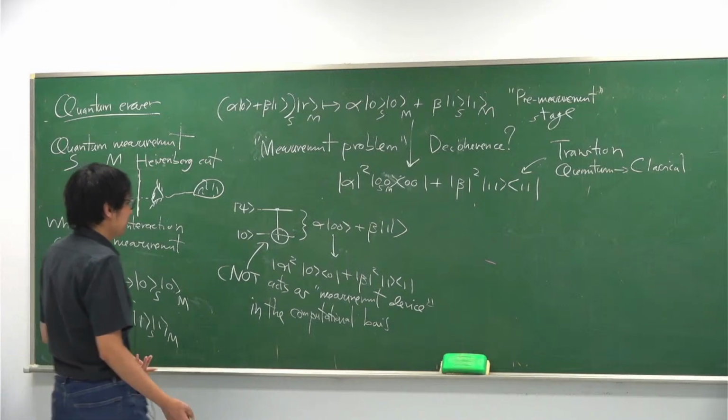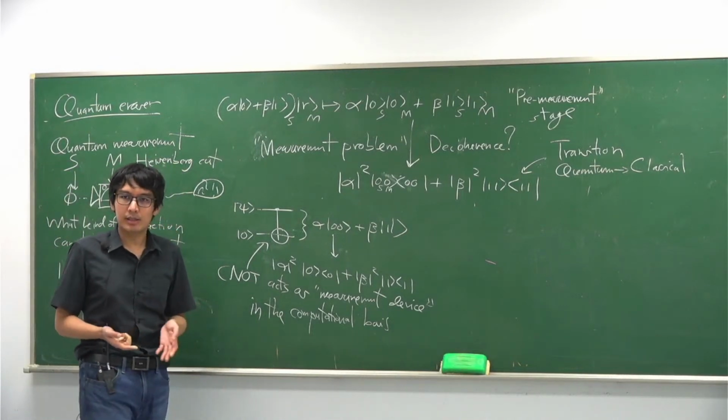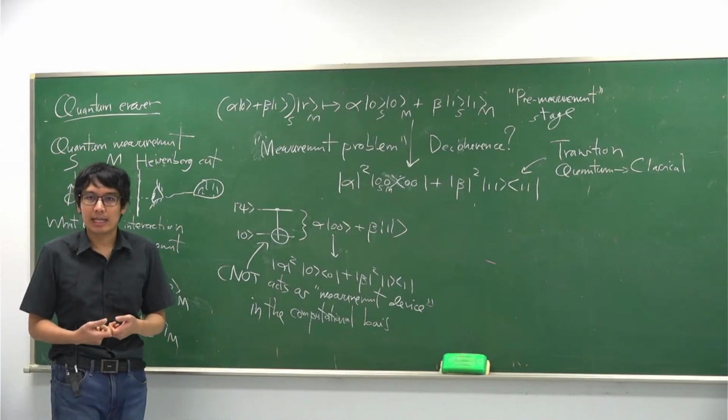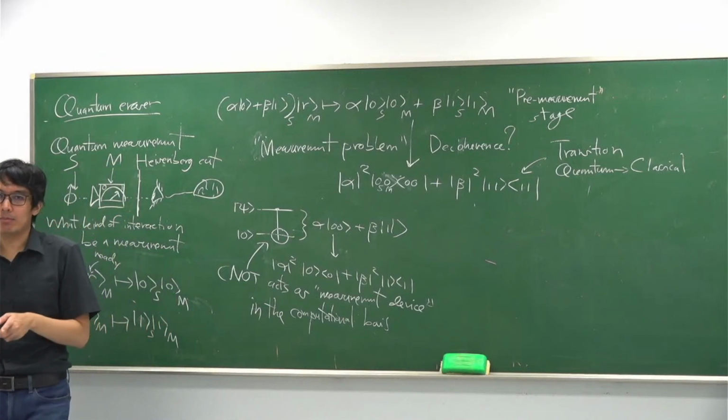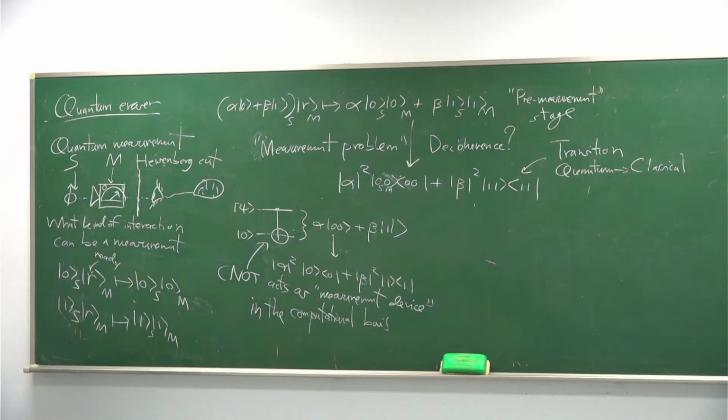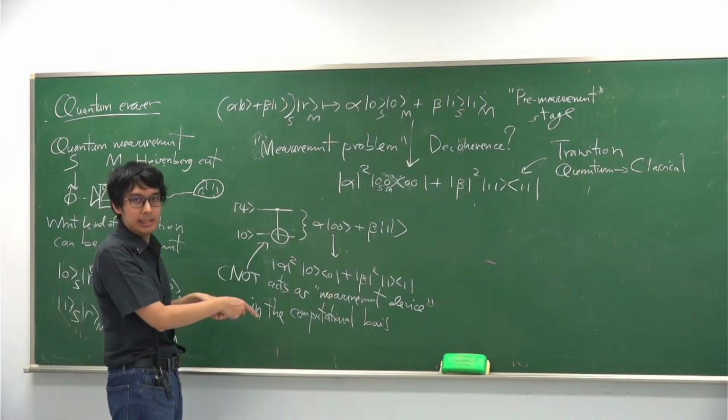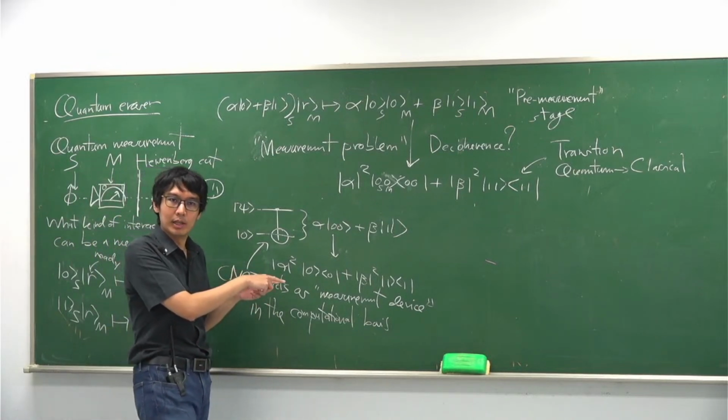If I want to measure in a different basis, then I would need another interaction that correlates them in that basis. This is just making a correlation in the computational 0-1 basis.